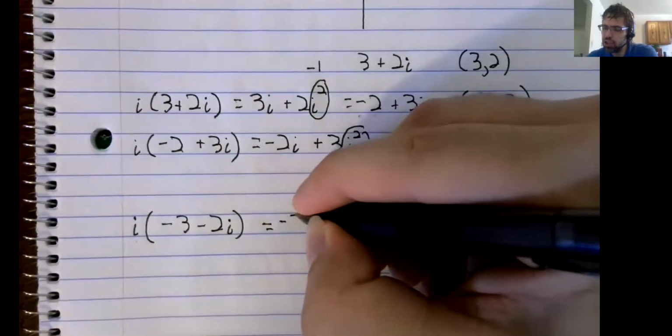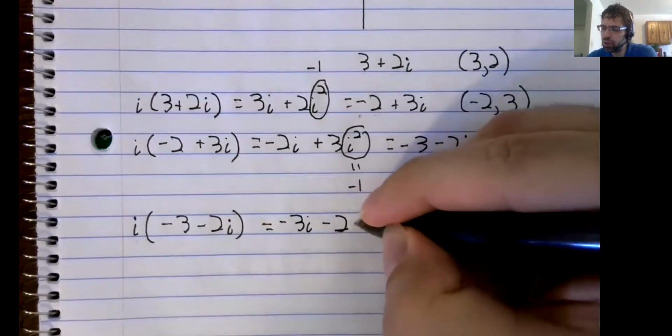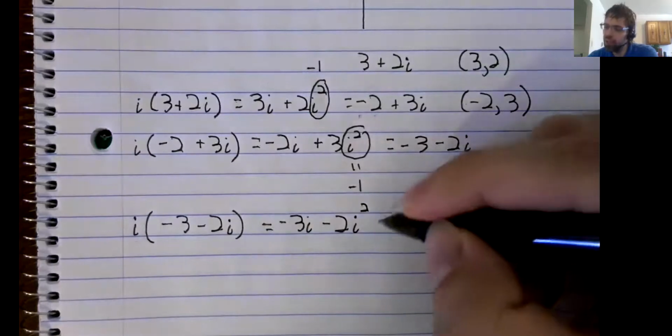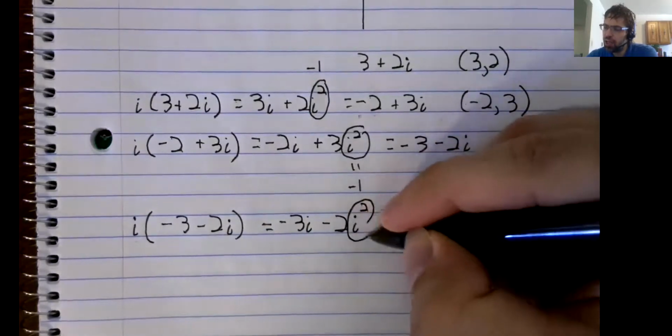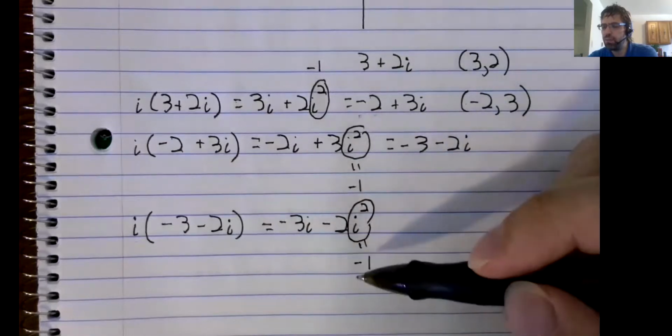This multiplication distributes over this subtraction. i squared becomes -1.